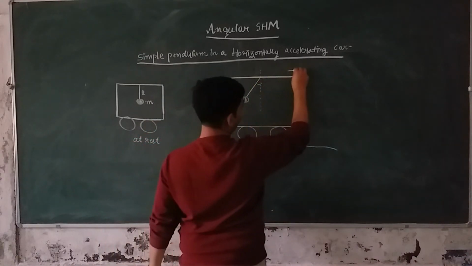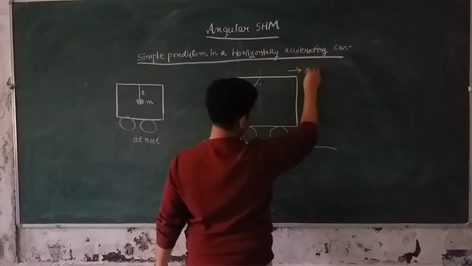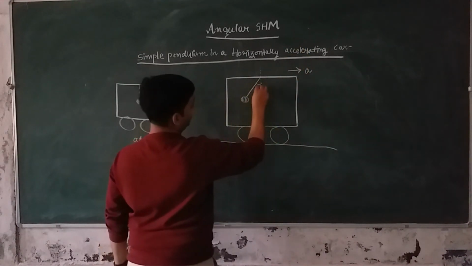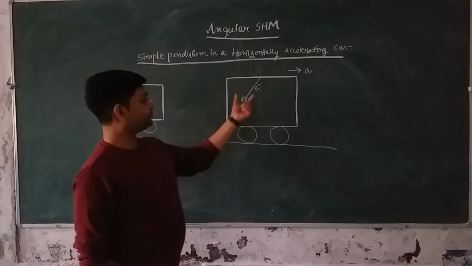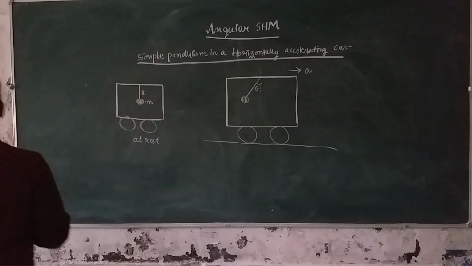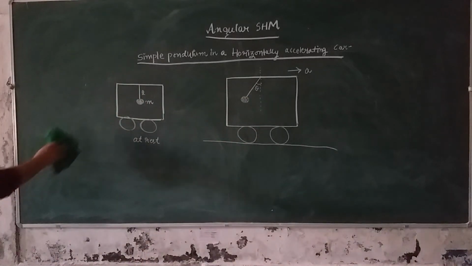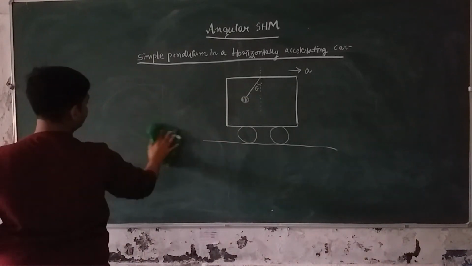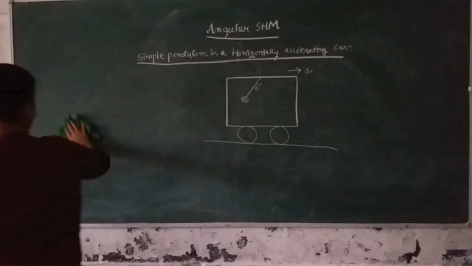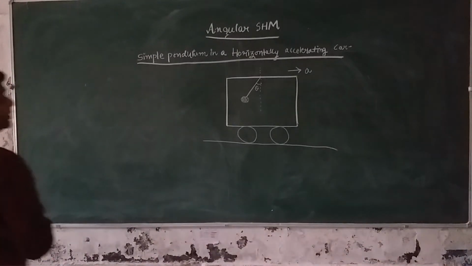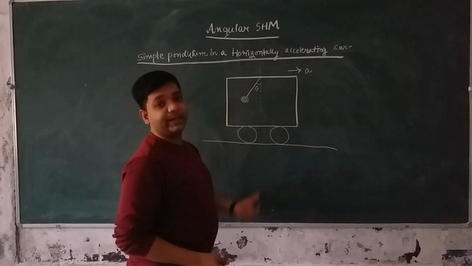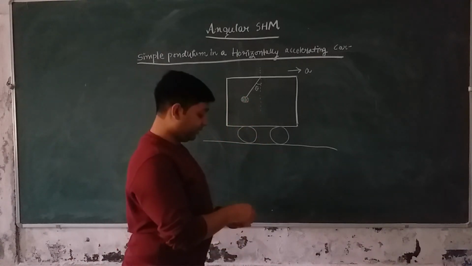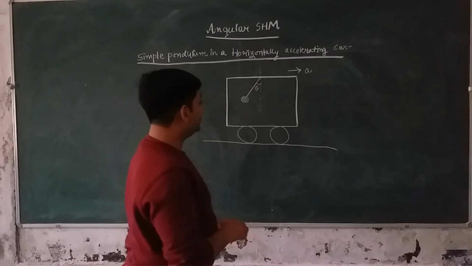So this car is now accelerating towards right with some constant acceleration A, and the pendulum makes an angle theta with the vertical. So this is the picture when the car starts accelerating. I am erasing this. So now let us draw the free body diagram of this ball, right? What will be the forces acting on this?